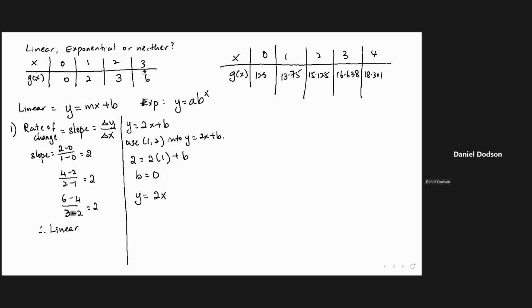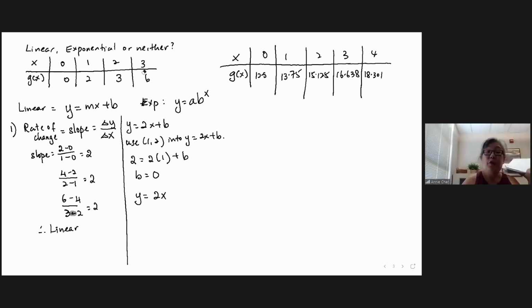Is it that the rate of change increases at a consistent rate for each interval? Yes. So if it is linear, you find the rate of change. If it is exponential, you find the ratio. Ratio of what?